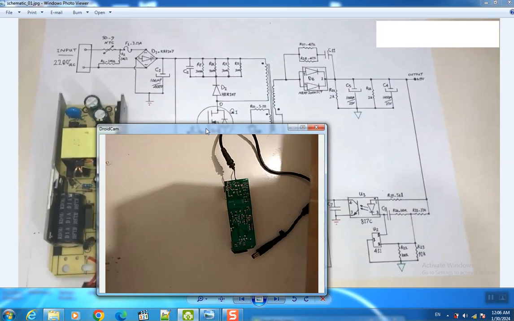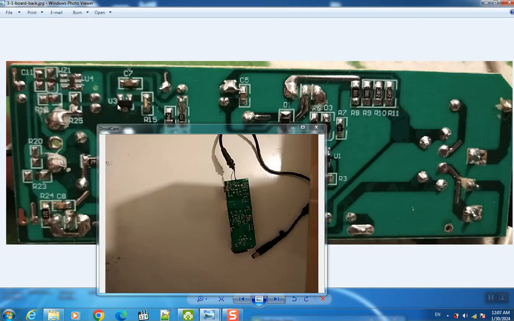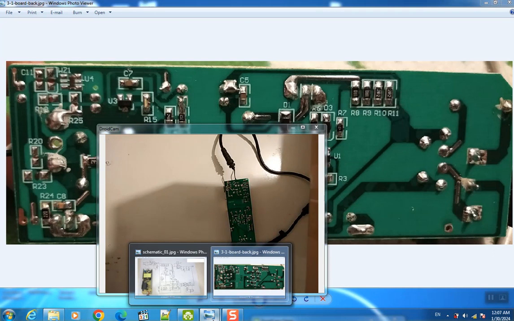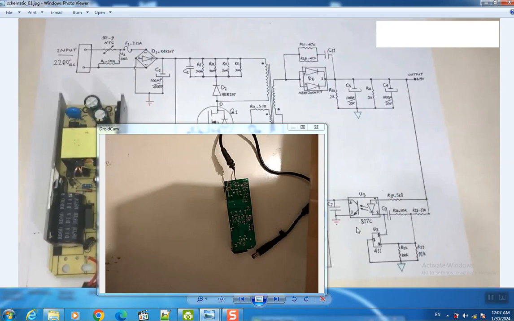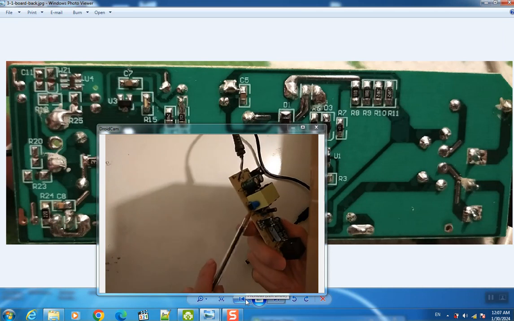For a better view, I take a picture of the board, this one, and also 870 with 4 pins, which is located here. It is behind the capacitor here.